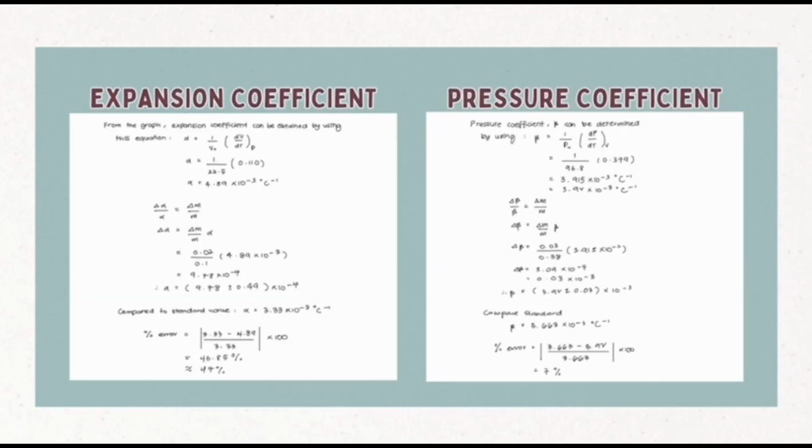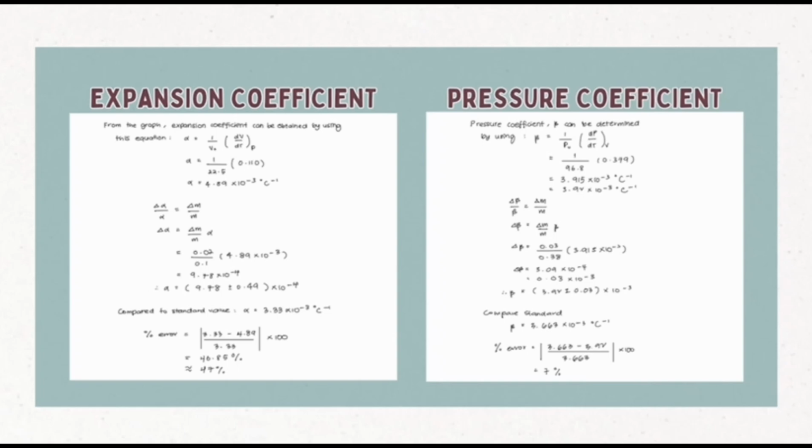So, we are going to calculate the expansion coefficient. We do obtain that the expansion coefficient is 9.78 times 10 power of negative 4. Comparing it to the standard value, we obtain the percentage error is 47%. It's quite high from the standard value.